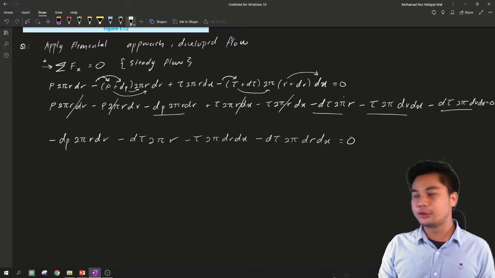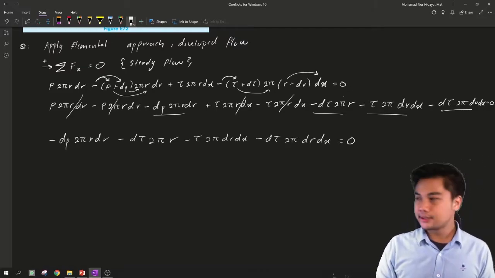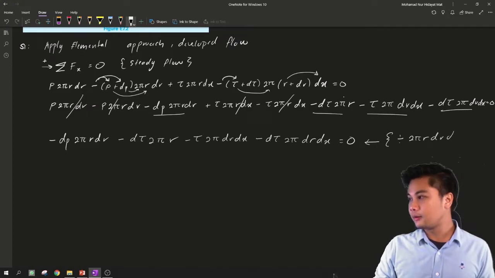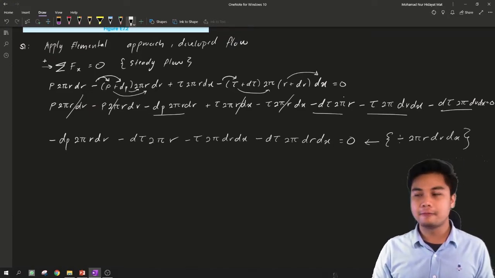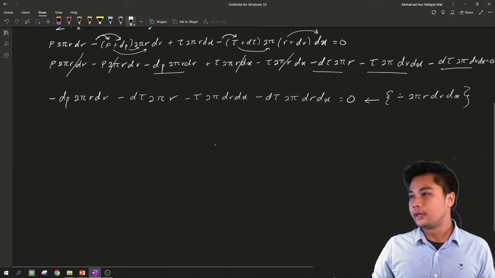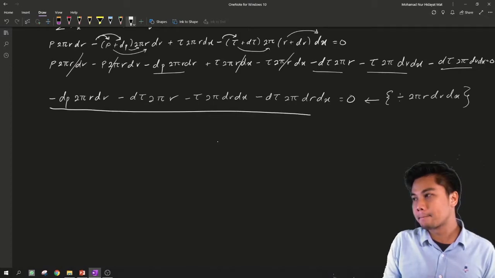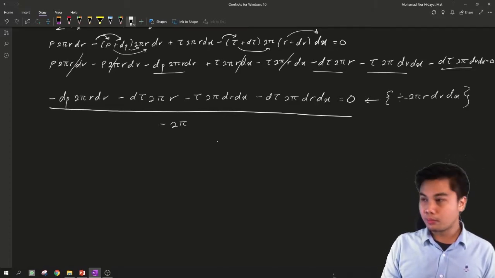dx equal to 0. Alright, for this case, you need to divide the whole term here with negative 2 pi r dr dx to simplify further. So you divide the whole term with negative 2 pi r dr dx.